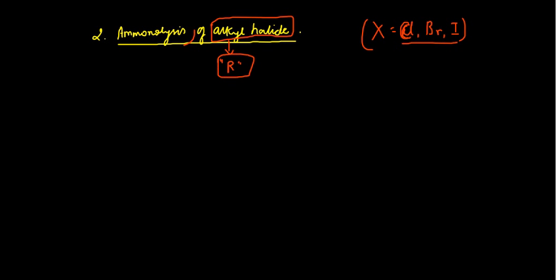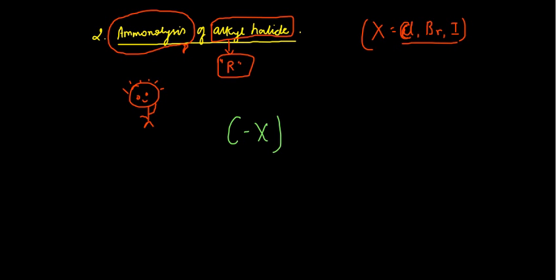Just one word remains to learn before we jump on to the reaction, which is ammonolysis. So my dear friend, what do you think ammonolysis is? Well, I have never pondered about it. So let's explore. Exploring ammonolysis, we reach a point: the process of cleavage of the C-X bond.